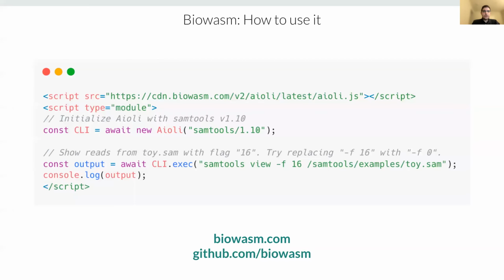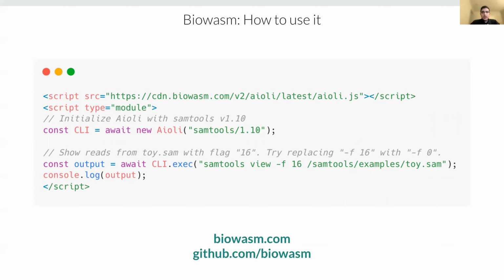And so, just to show you how simple this is, a few lines of code here where I'm loading the Aioli library from CDN, initializing it and saying, I would like the samtools command, and then you can write a samtools command and it will execute it for you and return the result.